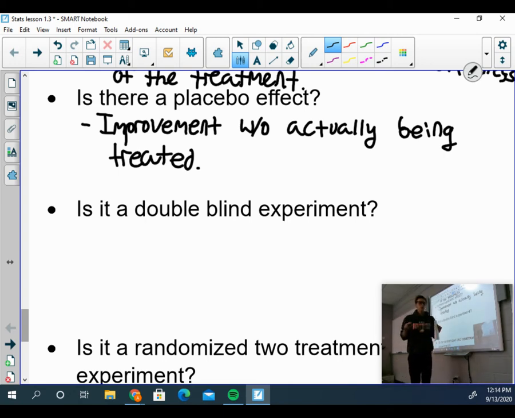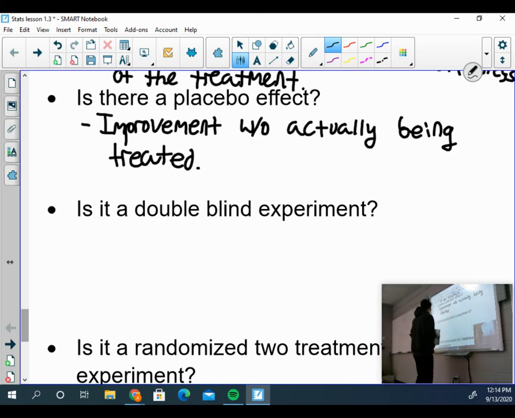In medical studies, as we mentioned with the field, we want the conditions to be the same, changing the one thing. But sometimes what we have to account for is that the human brain is a powerful thing when we're working with human beings. So sometimes as we have those controls stay in the same setting as those being treated, they will show improvement, but they really just feel better because they feel like they're being treated.